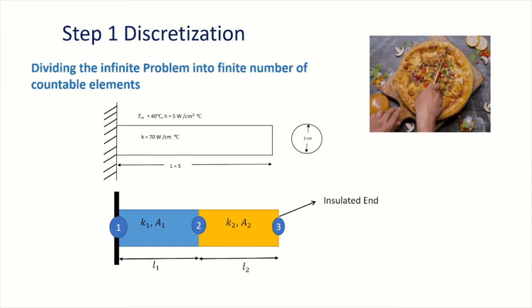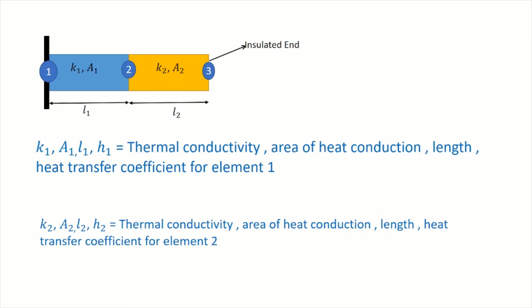If you cut the metal into two equal parts, the inherent properties like density and thermal conductivity won't change at all. Area of cross section and length will definitely change, but inherent properties won't change. So when we are dividing, area will change, conductivity will not. And corner points are called nodes, where the degrees of freedom are defined. But this definition is only applicable for 2 dimension, not 3 dimension.